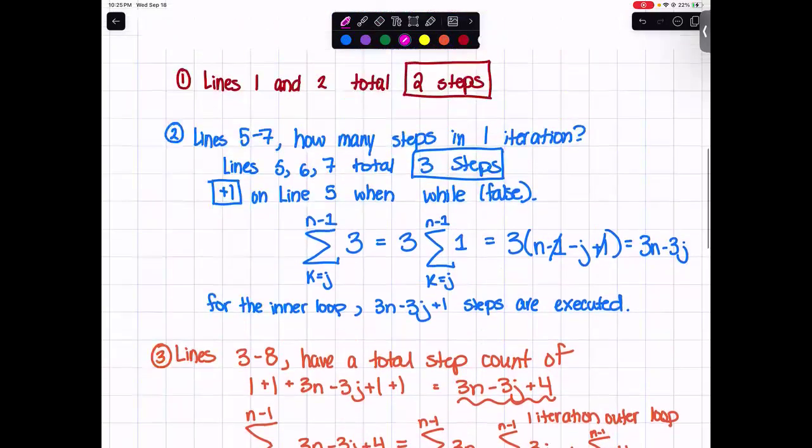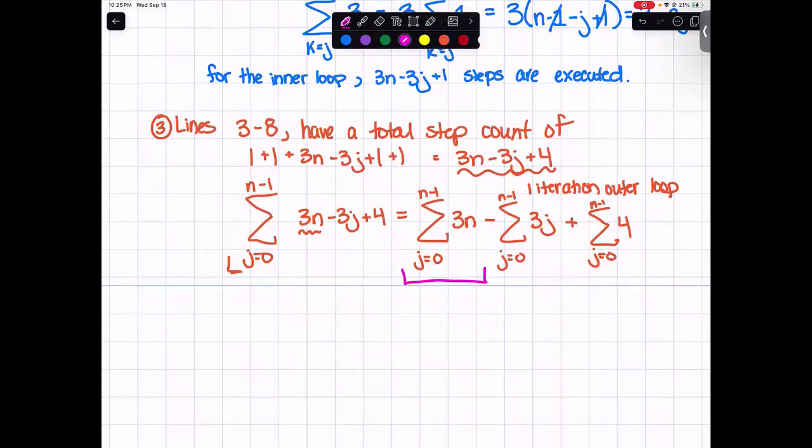Let's look at each of these terms individually. Let's start with this one. If we factor the 3n out, we'll end up doing something like this, which we know is equal to 3n times n minus 1 minus 0 plus 1, and we will get that 3n squared value.